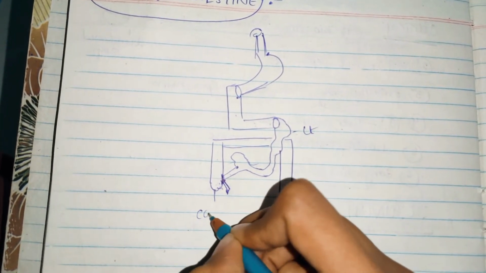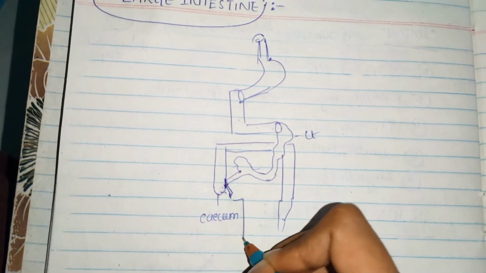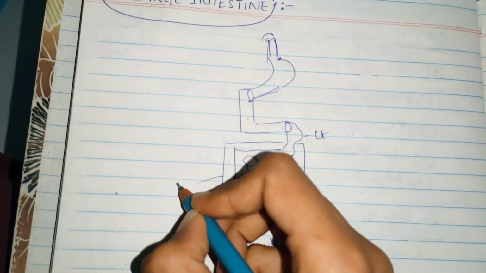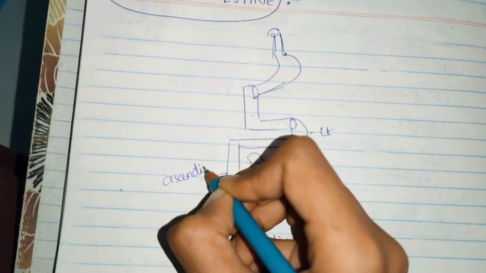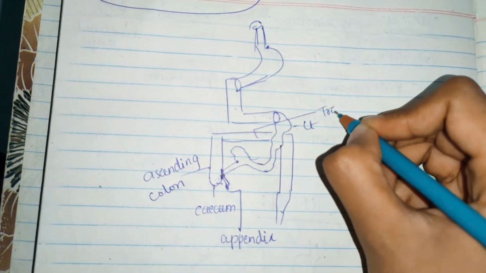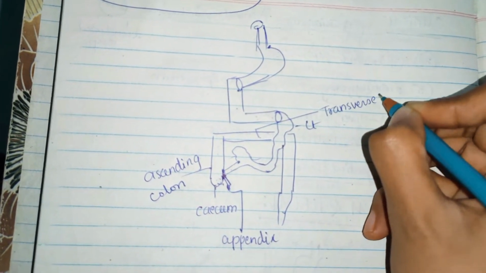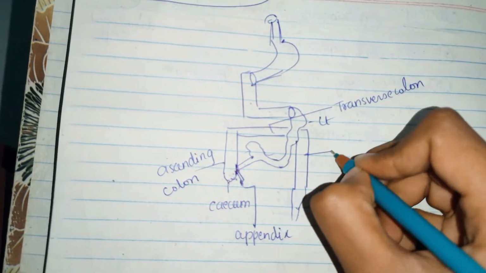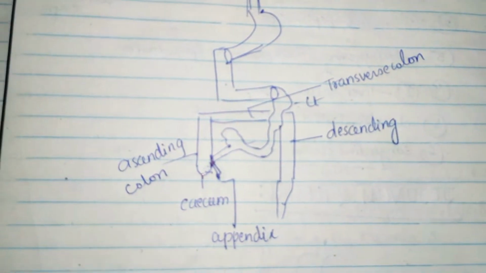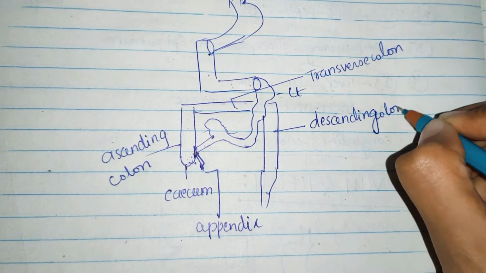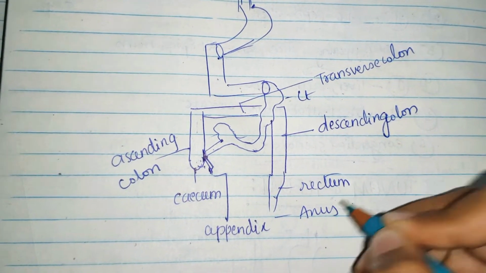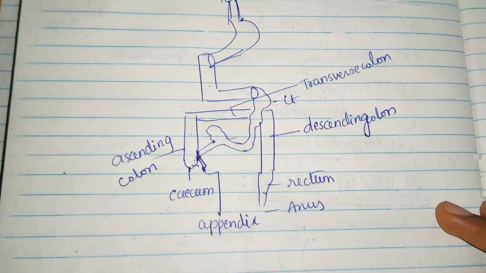Let us mention them: cecum, this is the appendix, this is the ascending colon, this is the transverse colon, this is the descending colon, and here comes the rectum, anus. So let us start our introduction on the large intestine.